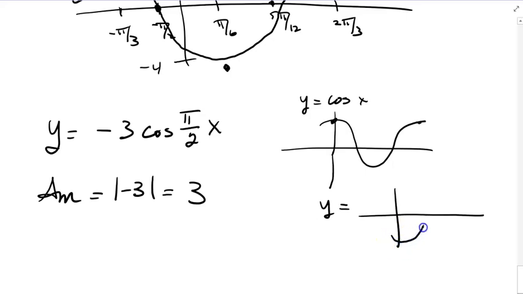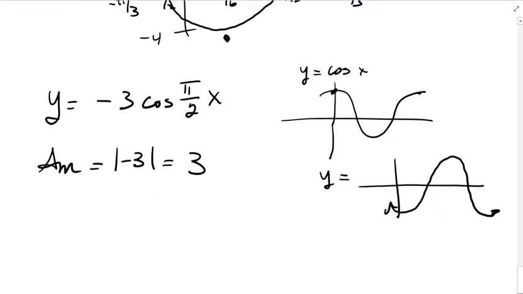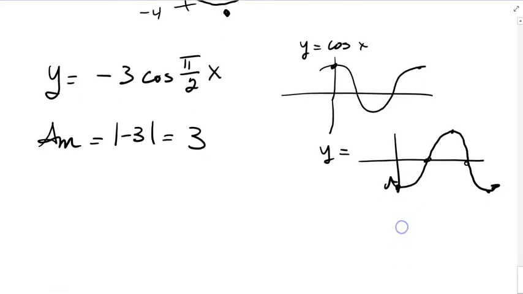So basically, it now looks like this. That's important, because we're no longer starting with a max value. We have a min, then an intercept, then a max, intercept, min. So you want to keep that in mind and pay close attention to those signs out front of your trig function.